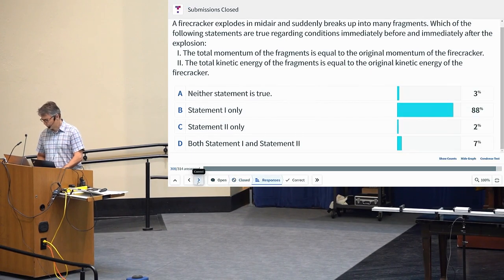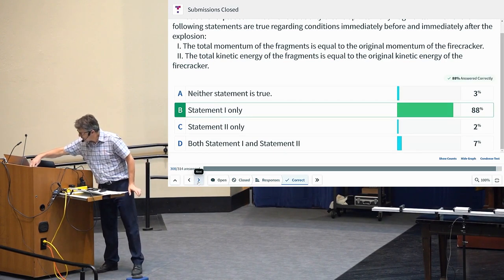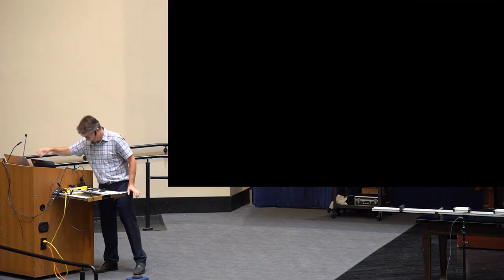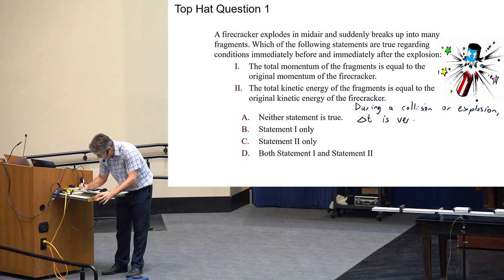Yeah, so that was the one that I liked as well. Let me write it out. So we got the note here: I would say that during a collision or explosion, delta t is very small.